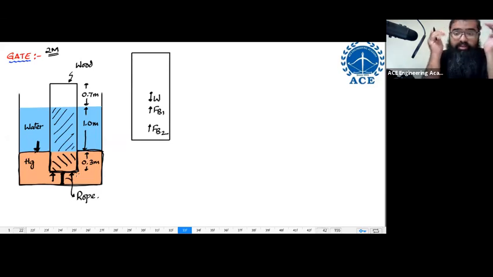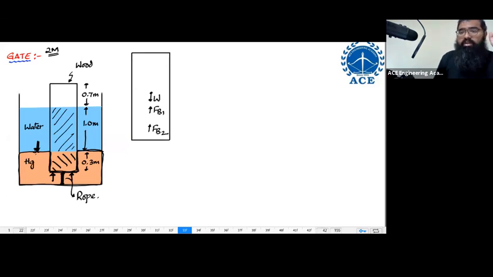Because these kind of questions they'll ask in interviews also, that water is not present below, how can you take FB now? They'll ask you like this. Then you have to say it is by which law? Pascal's law. Even though water is not present, in entire statics, presence of fluid is not that much important, but presence of pressure is more important.